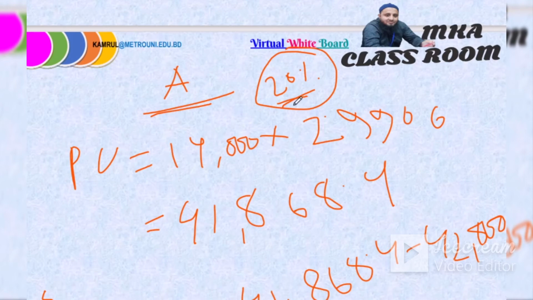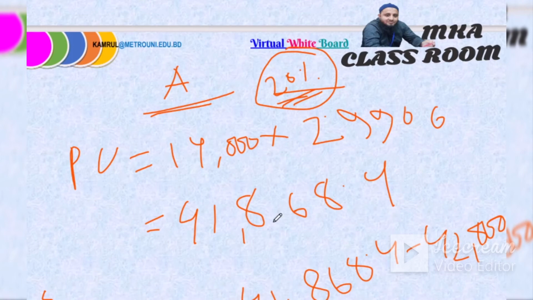If we find this value from our PVIFA table, we will see 2.9906. If you do not understand this system, you can see my previous video on finding present value and future value. There I explain this method. That is related to the time value of money topic.